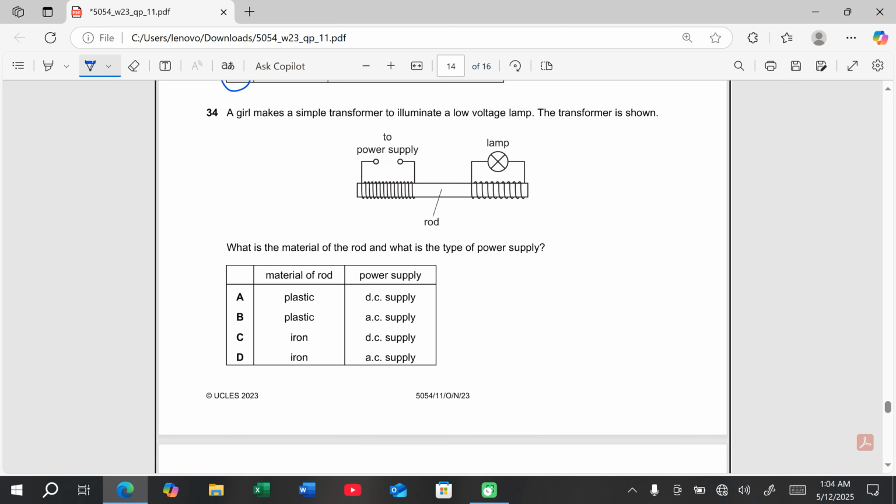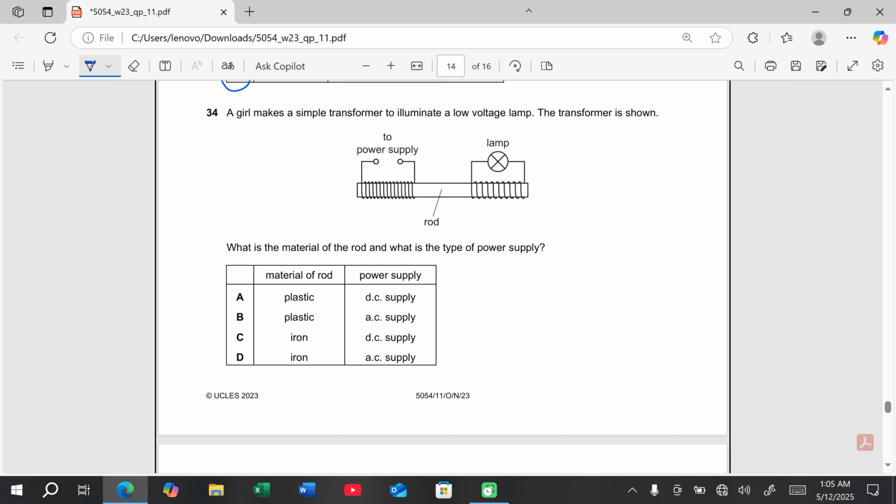A girl makes a simple transformer to illuminate a low voltage bulb lamp. A transformer is shown. This is a supply, this is a lamp. What is the material of the rod and what is the type of power supply? The rod always has to be an iron rod, because it has to take the magnetic field from one end to the other to induce magnetism.